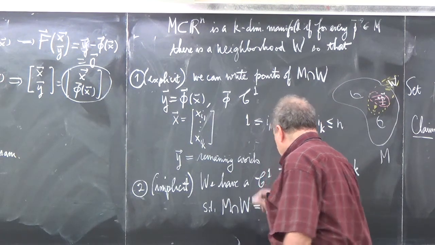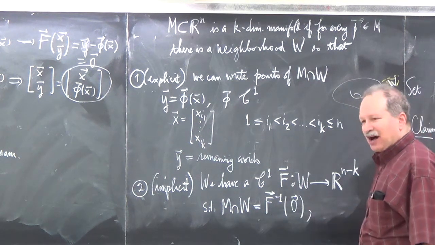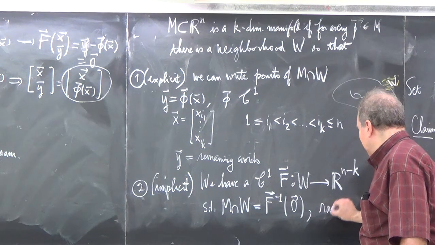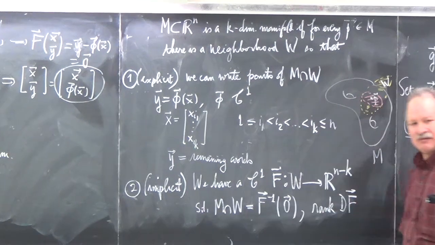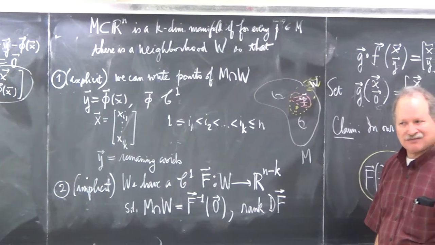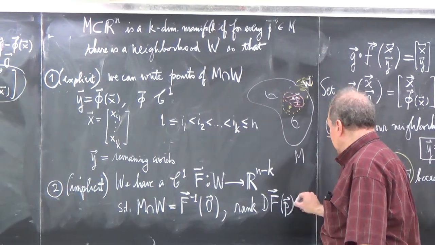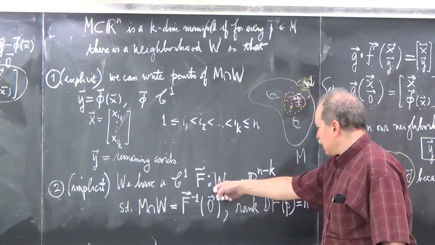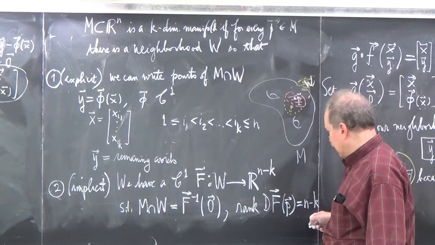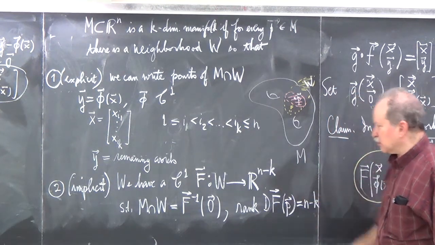So those are the equations that are giving M in the set W. And the hypothesis is the rank of the derivative of f at the point P is n minus k. The mapping from n space to n minus k is full rank, as Daniel said. You have independent equations at the point P, and that implies they're true locally.